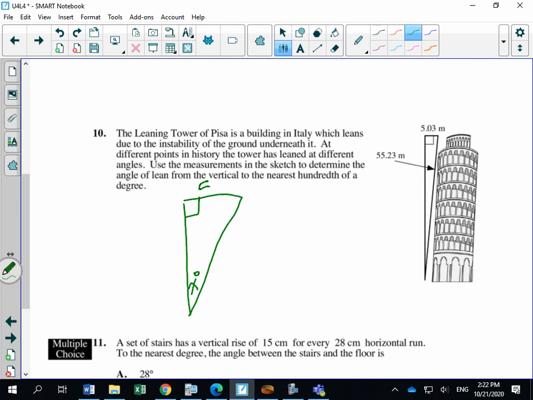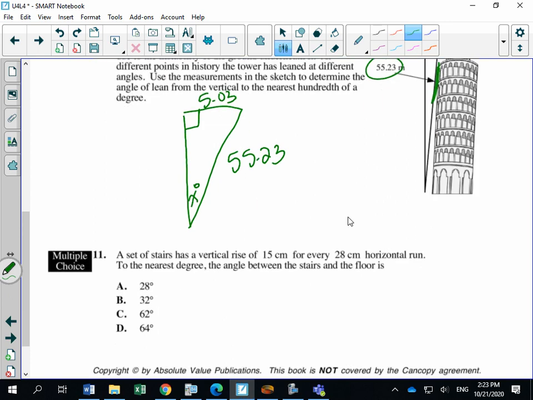They want this to be 5.03 and the hypotenuse, so it's kind of like they want that 55.23 to be right here. Then you have enough information to calculate the angle of the lean, like how many degrees is it leaning?